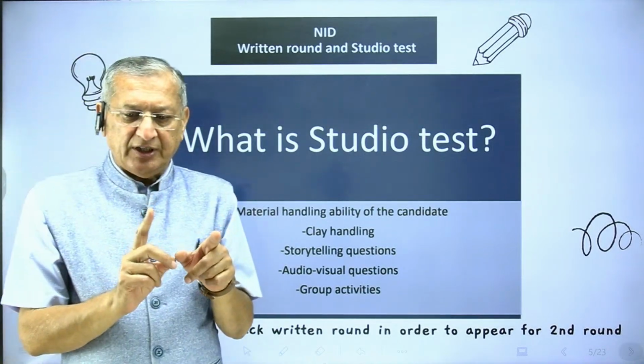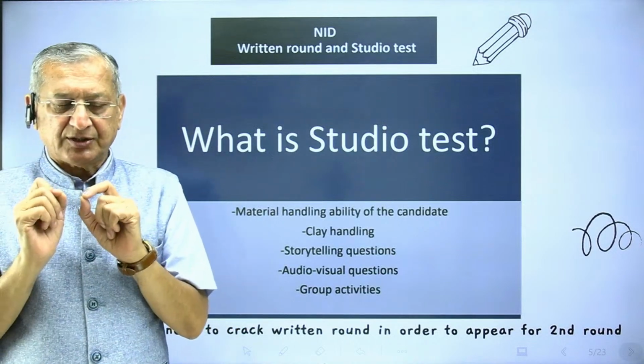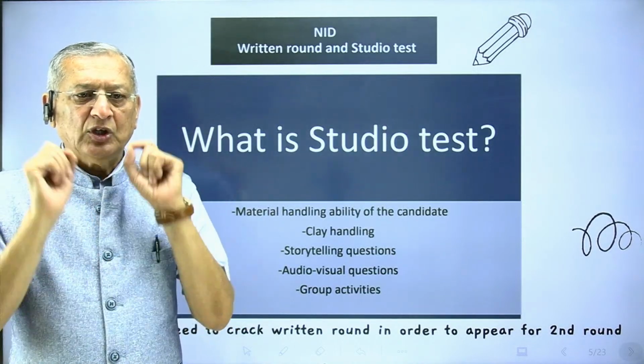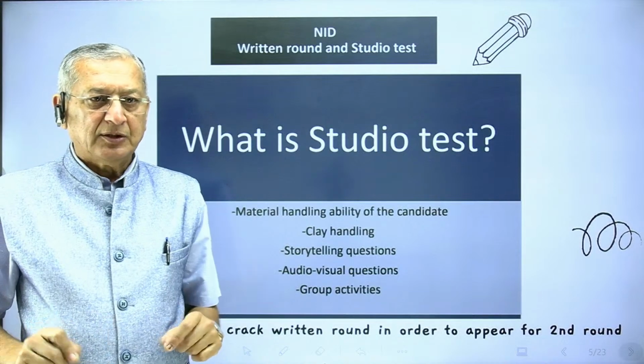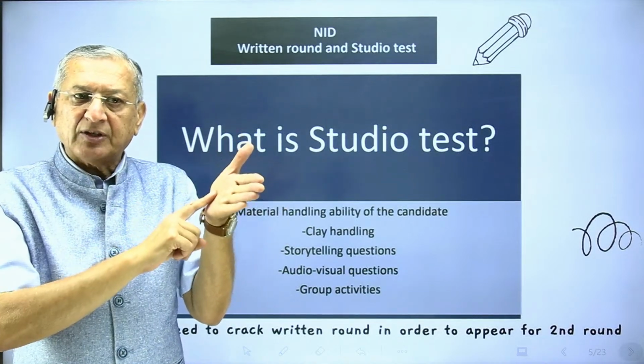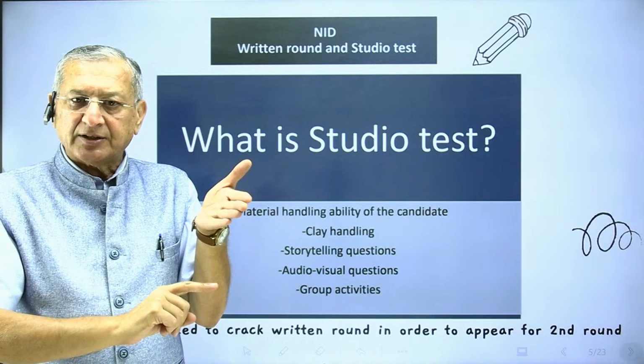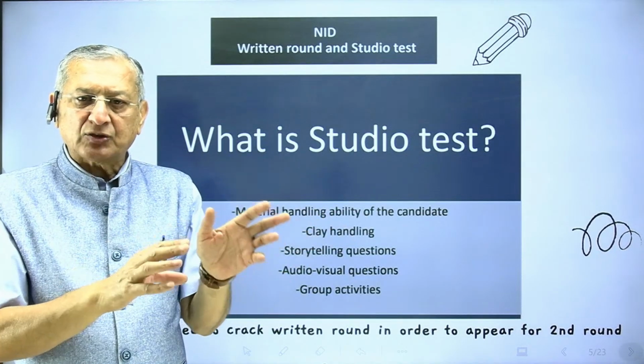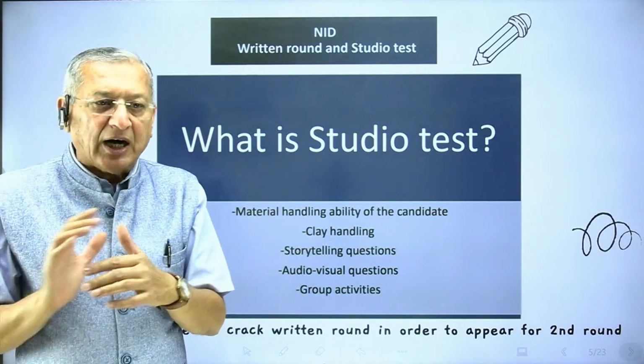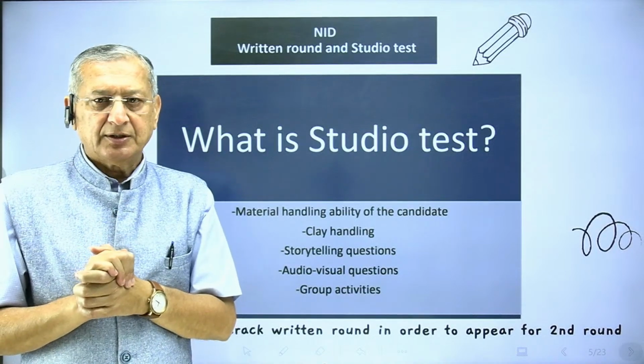What I mean to say is, suppose in the written test you have scored, let's say, 70 marks. That includes 40% of GAT and 60% of CAT. Your overall score, for example, is 70 marks out of 100.